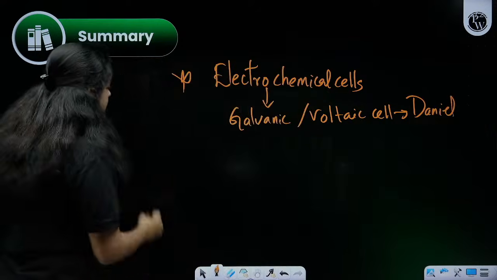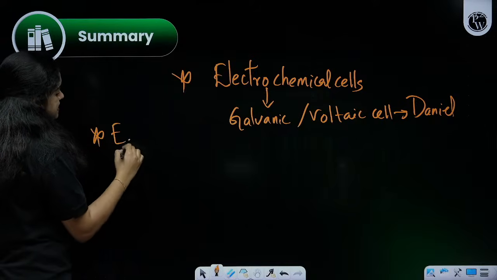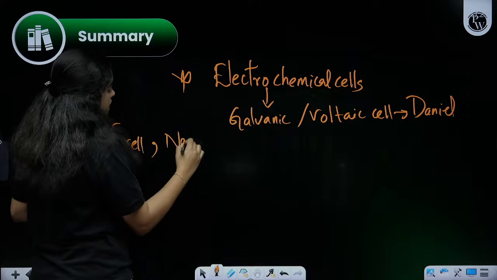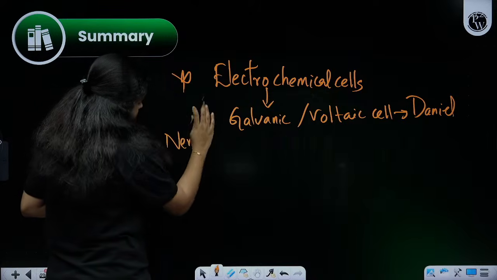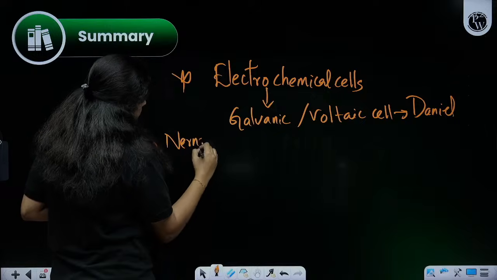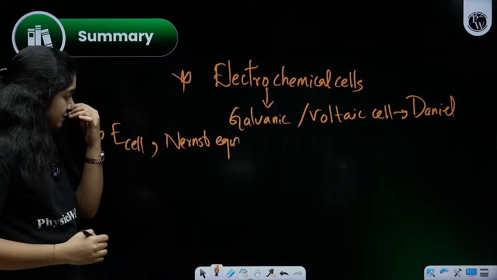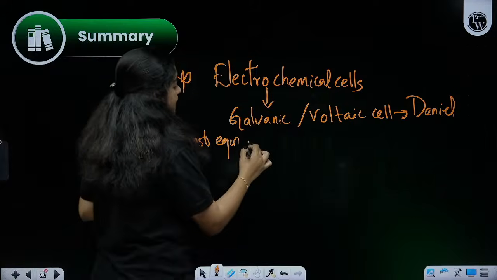From that section, we learned the calculation of E cell, that is cell potential, then the Nernst equation, then the calculations related to the Nernst equation, and the equilibrium constant Kc.